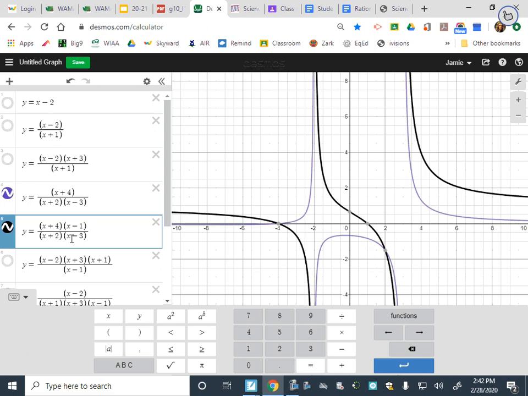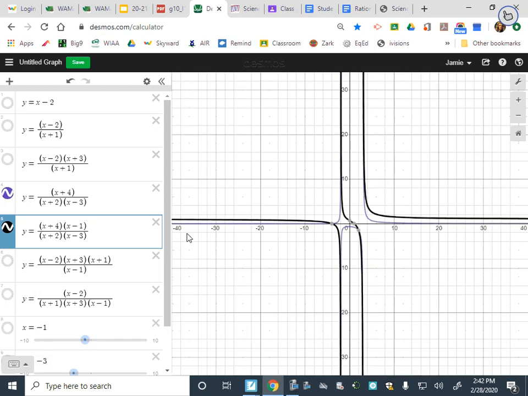We see our last one that was quadratic in the denominator and linear in the numerator, or degree 2 in the denominator, degree 1 in the numerator. That's the purple one that has the horizontal asymptote at 0.